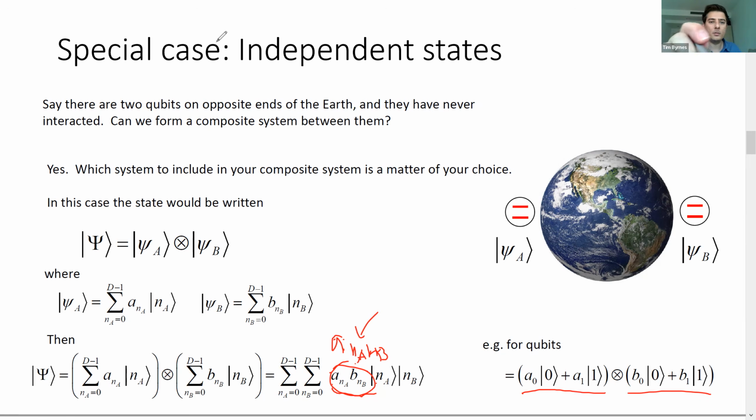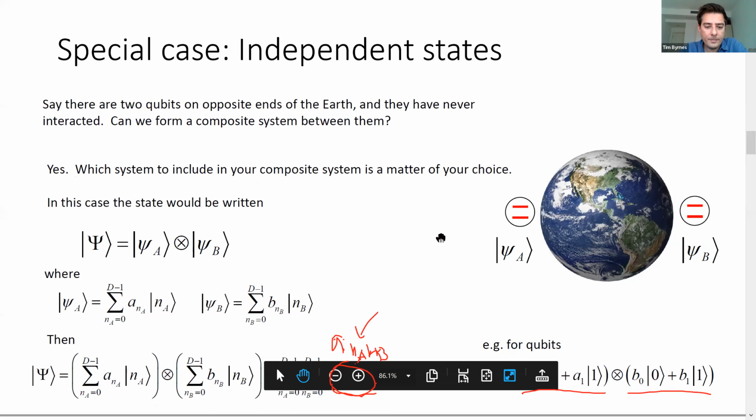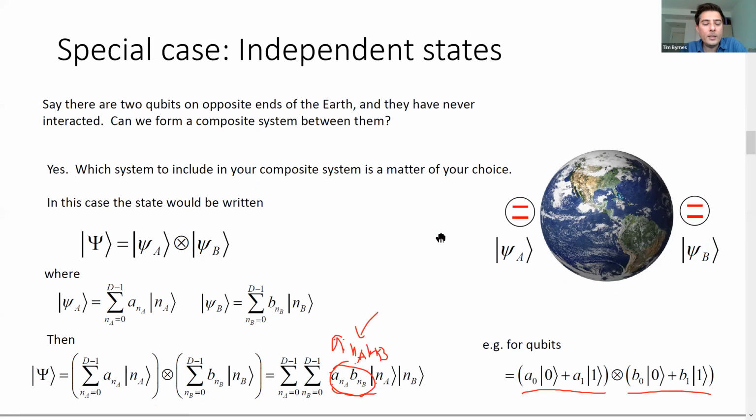Let's see if I've got any more on this on the next slide. Okay, no, I don't. So a good way to think about this is that it's quite similar to the idea of independent probability distributions, right?